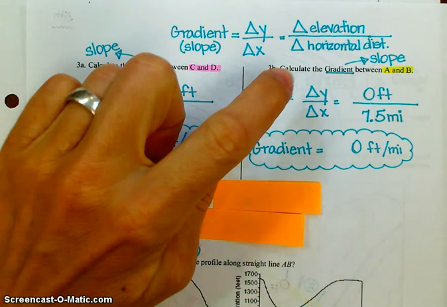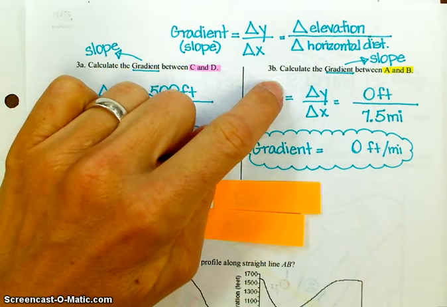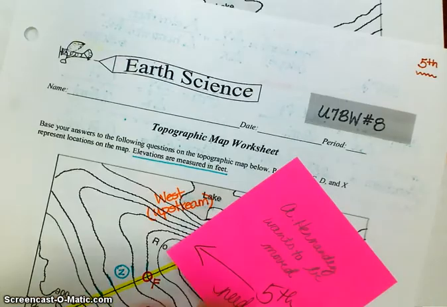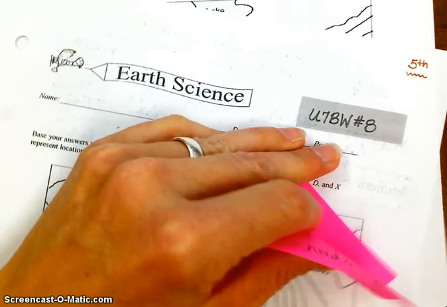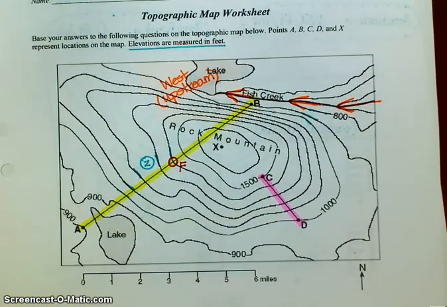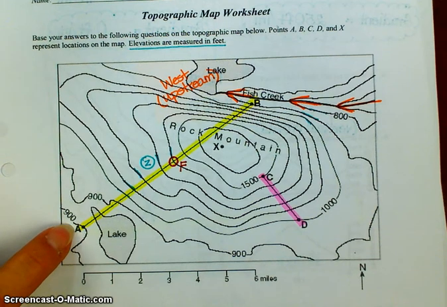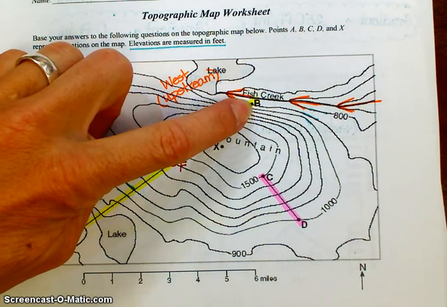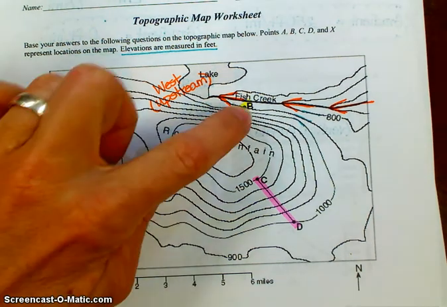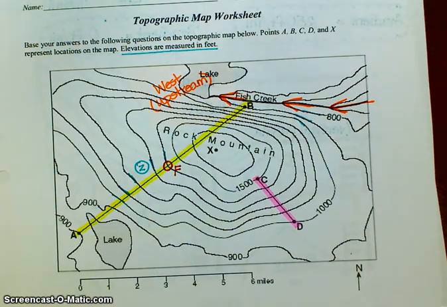The next gradient is calculated between A and B. So if we look, here's A at an elevation of 900 feet. Here's B at an elevation of 900 feet. So A is at 900, B is at 900. 900 minus 900 is 0.